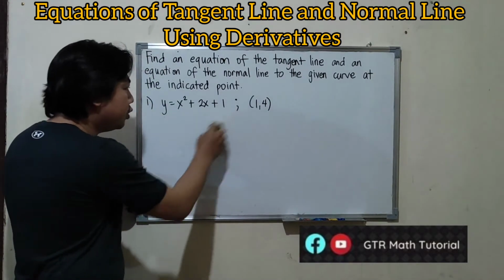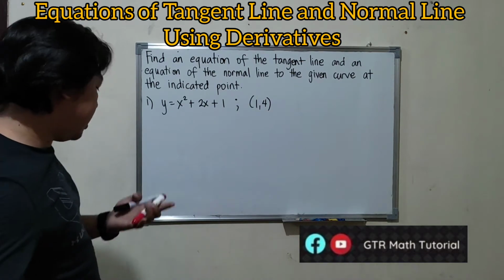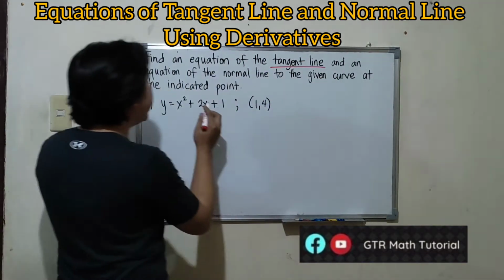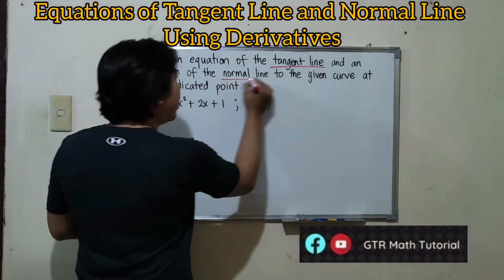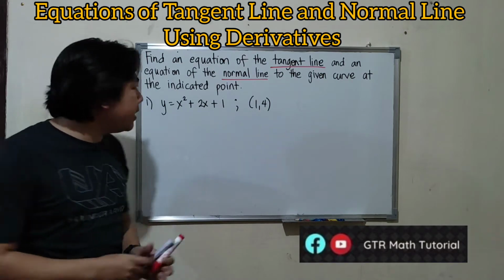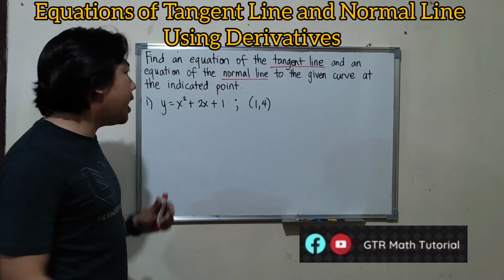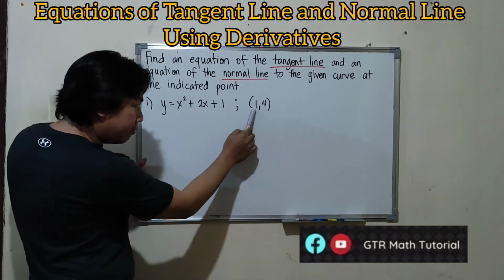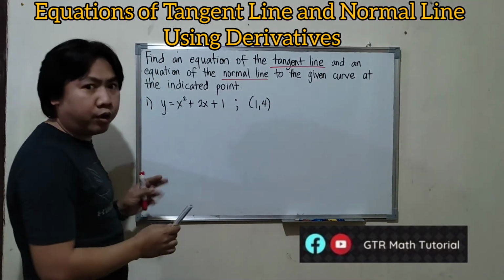We are asked to find the equation of the tangent line and the equation of the normal line at the given point. We define the derivative as the slope of the tangent line at the given point. In this example, the point is 1, 4.